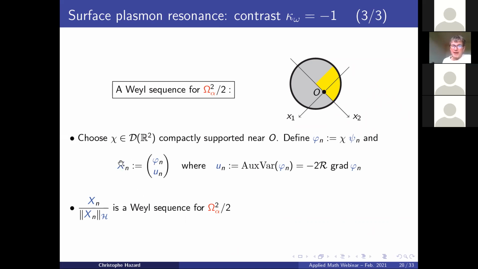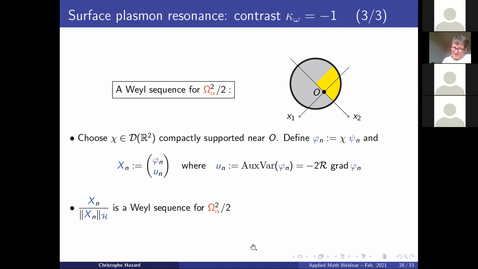And you take for xn this function phi n here, and the un, which corresponds by the auxiliary variable formula. So I do not show this formula again, but in that particular case, it corresponds simply to taking -2 times the restriction of the gradient of phi n. And in that case, it is easy to see that this is a Veil sequence for this critical value corresponding to the contrast -1.